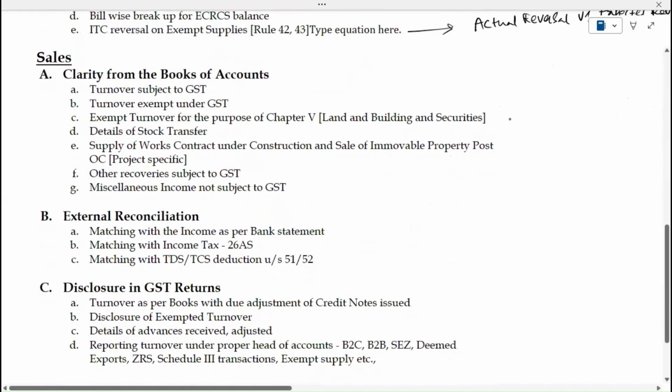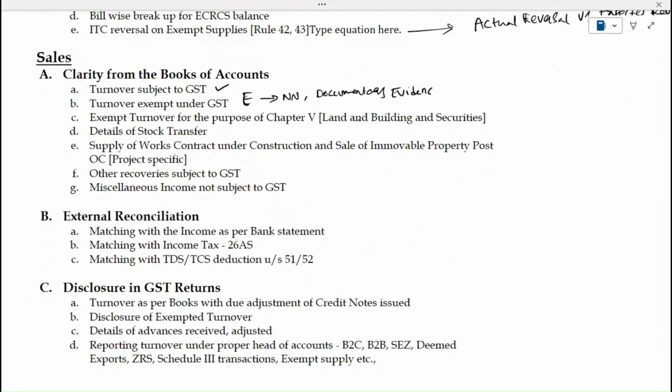Whenever I have accounted sales, they ask you, what is your turnover on which you have paid GST? This is taxable activity. Turnover which is exempted activity, where you are not going to pay GST. What is the notification as per which you have not paid GST? What is the documentary evidence?